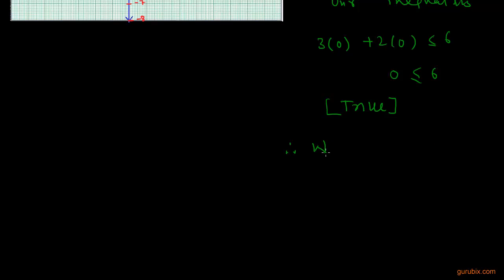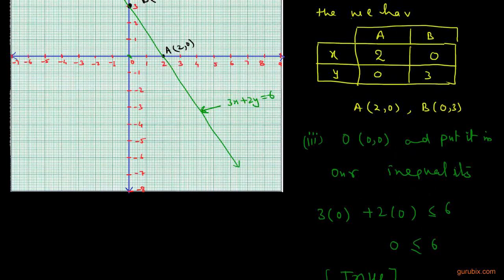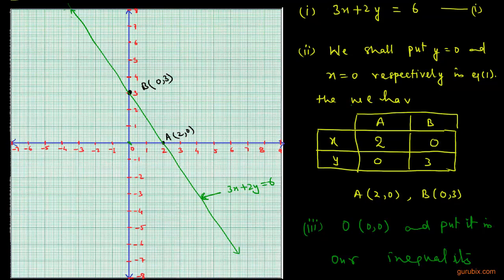We conclude that the region containing the origin is represented by the given inequation. This region represents the solution set of the given inequation. So we conclude that the region which contains the origin is the solution set of the given inequation. So the solution set is this region.